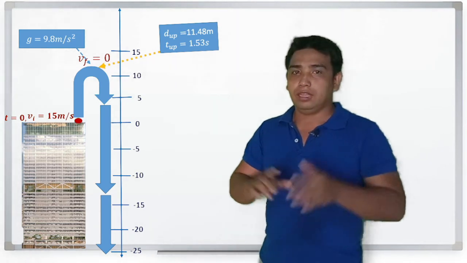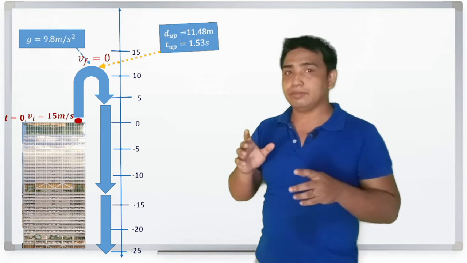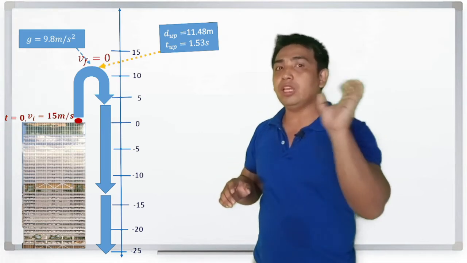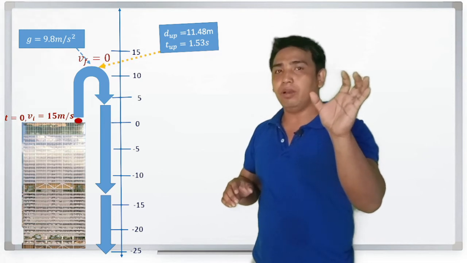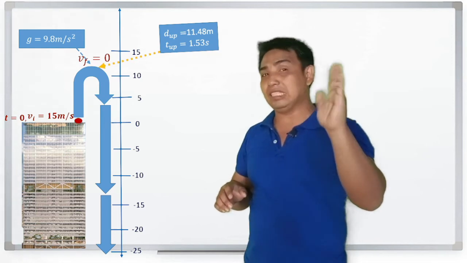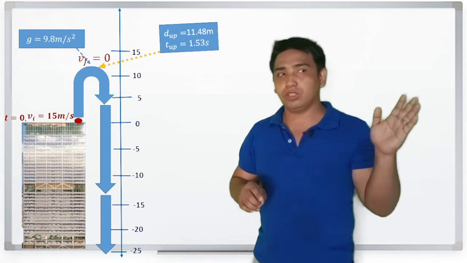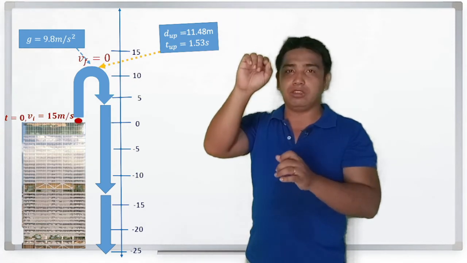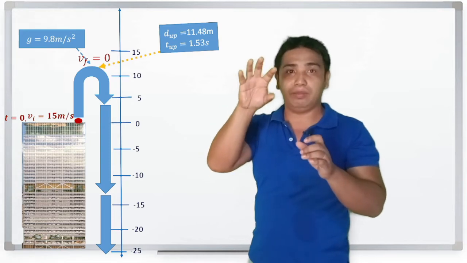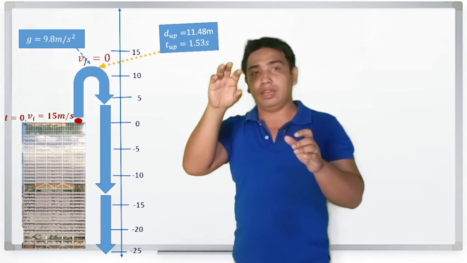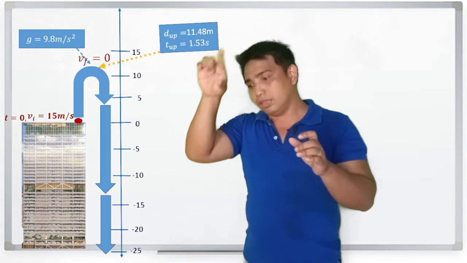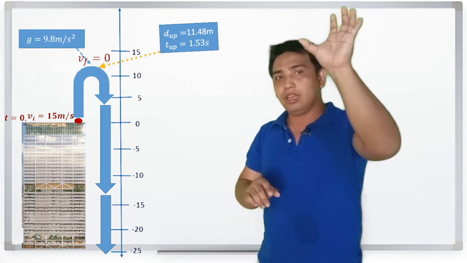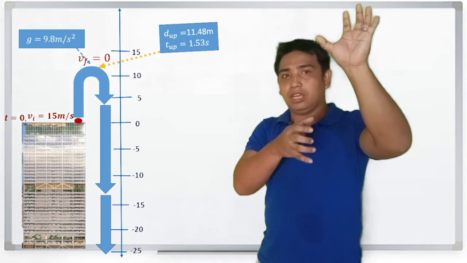Because that's the only time when the acceleration of the ball is directly equal but opposite in sign to the acceleration due to gravity. So both accelerations cancel out. So there is no acceleration at that point in time, and it will fall down. So the acceleration of the ball cancels out the acceleration of the Earth.